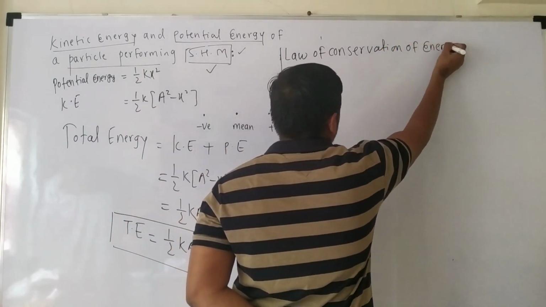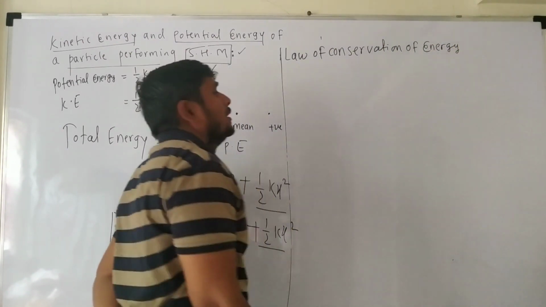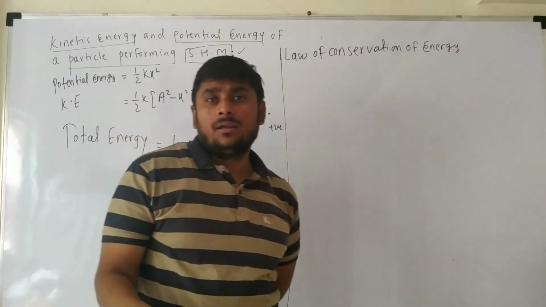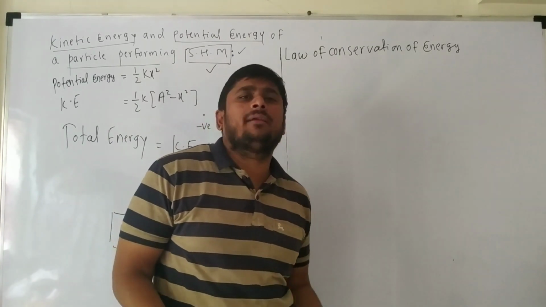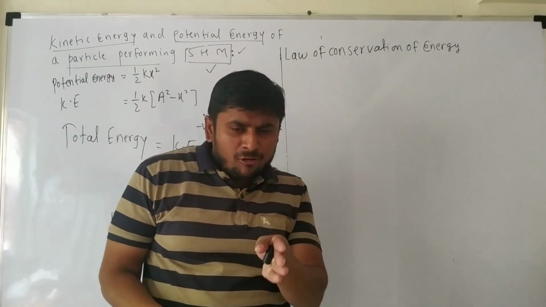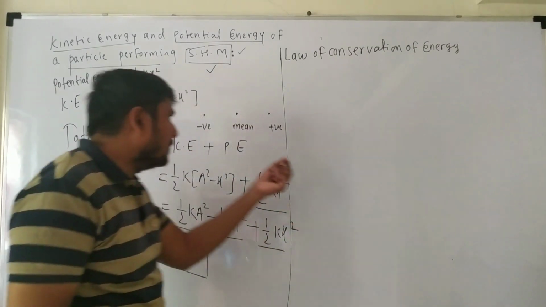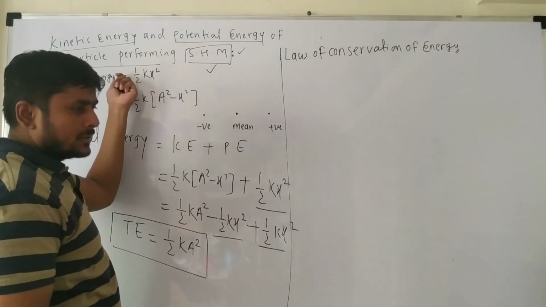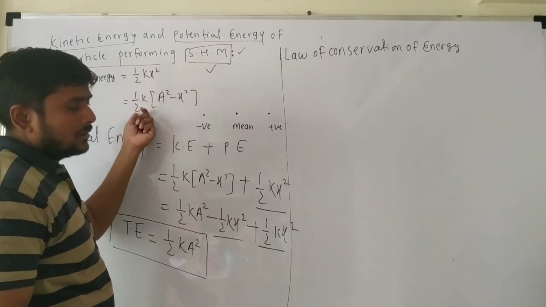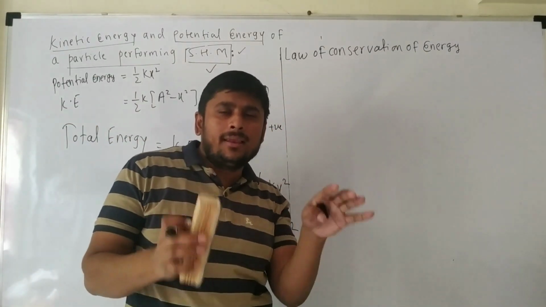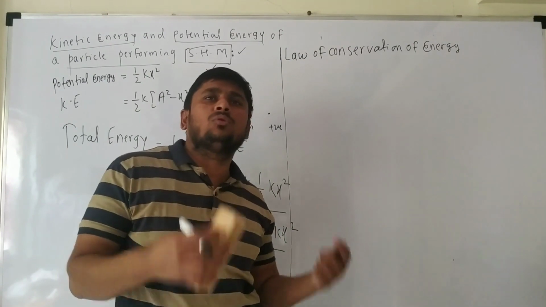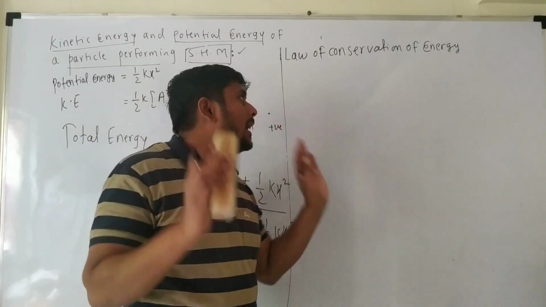So what is the law of conservation of energy? Energy can neither be created nor be destroyed. We can't create energy, we can't destroy energy. We can convert one form of energy into another form. For example, kinetic energy may get converted into potential energy, or potential energy may get converted into kinetic energy. That means the total energy of the system, or the total energy of the universe, is always constant.